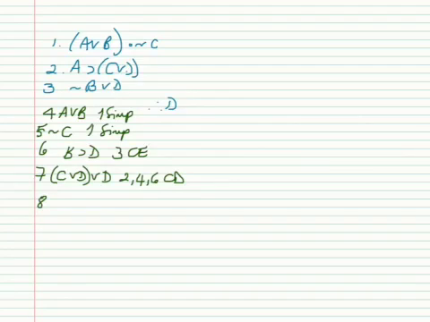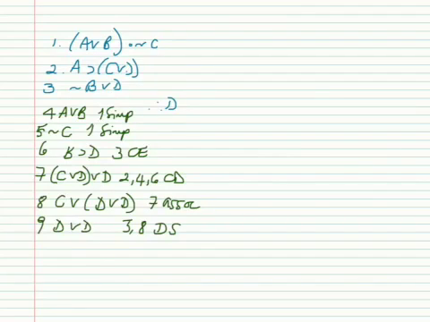We can use associativity to get the following sentence from 7. Further, we know that not C, that was at line 5, so that would get us D or D from 5, 8, disjunctive syllogism, and with redundancy we get D from D or D. 9, redundancy.